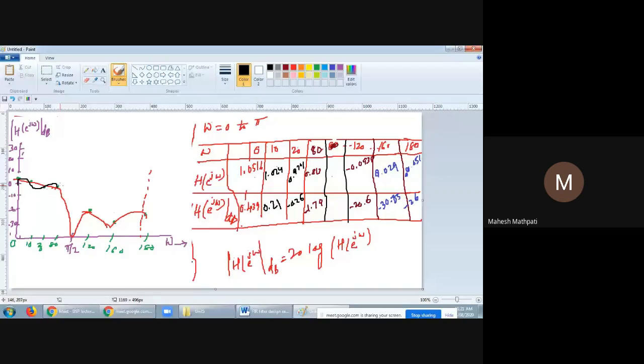If you look at the values of 0 to 90, is there any much variation you are observing?